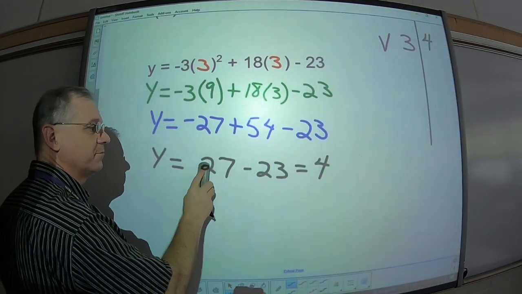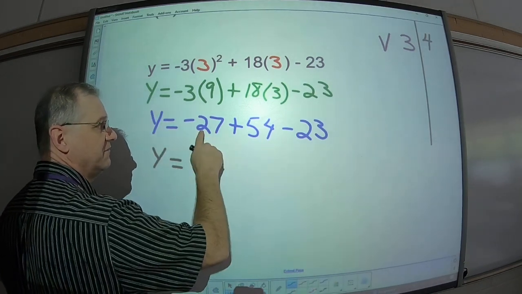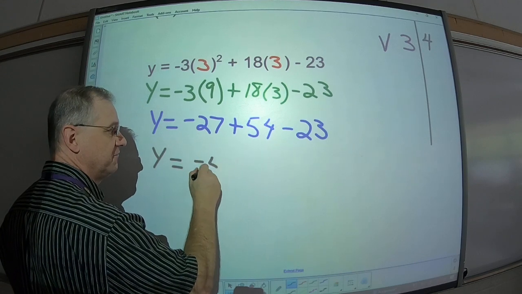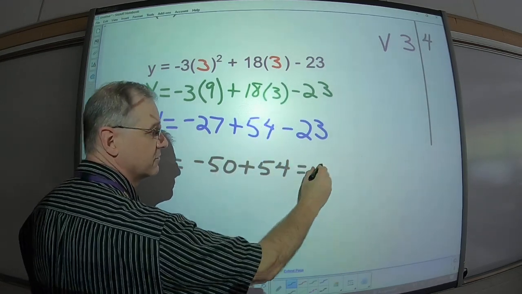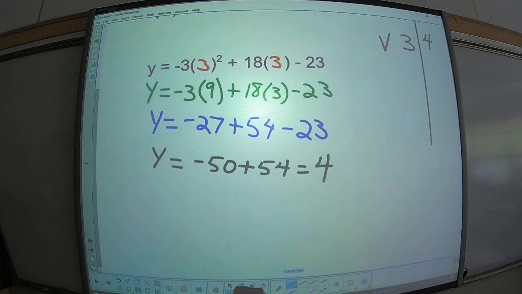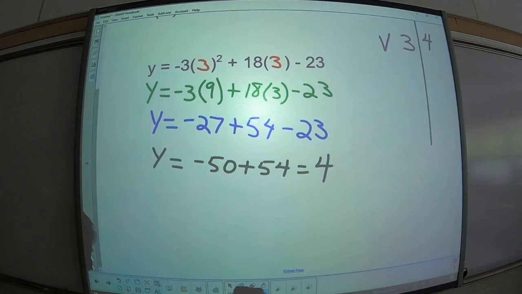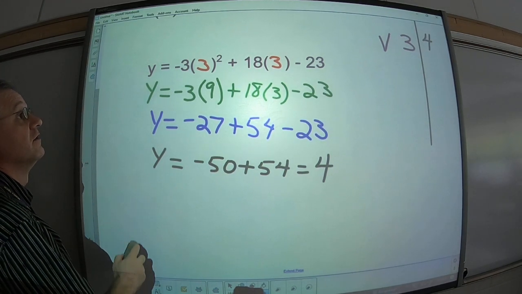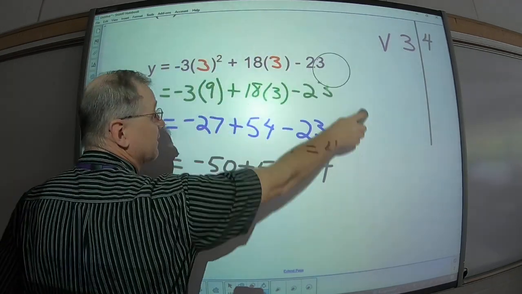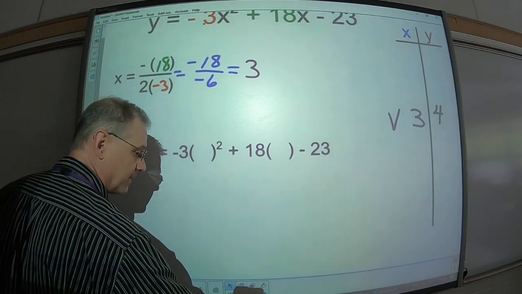If you had combined the negatives first, negative 50 and positive 54 also comes out to 4. So either way of approaching it comes out to the same thing. So now, once you have done that, let's bring this back up.